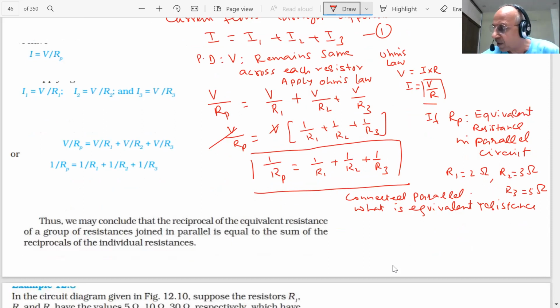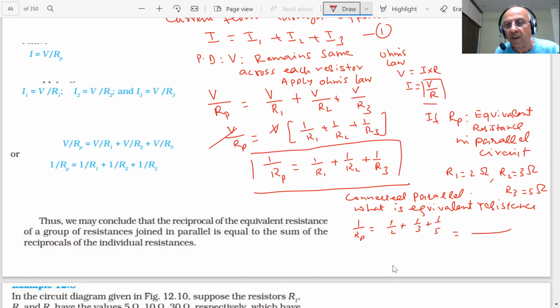What is the answer coming, students? How will you do it? You have to calculate 1 by RP, 1 by 2 plus 1 by 3 plus 1 by 5.